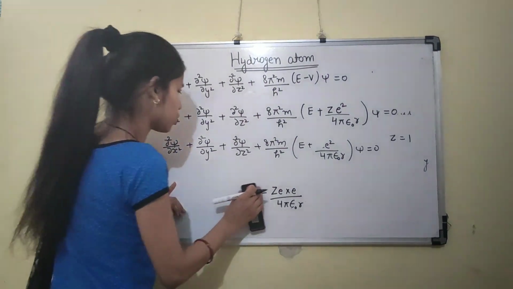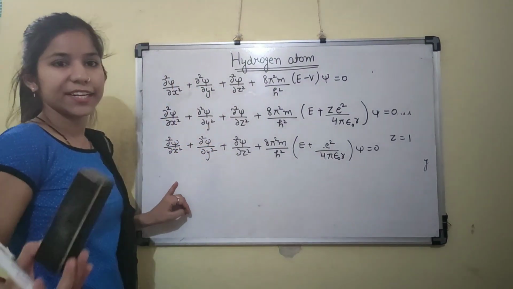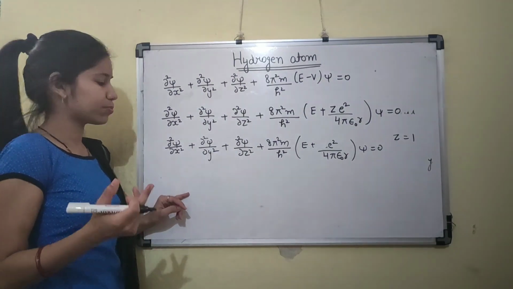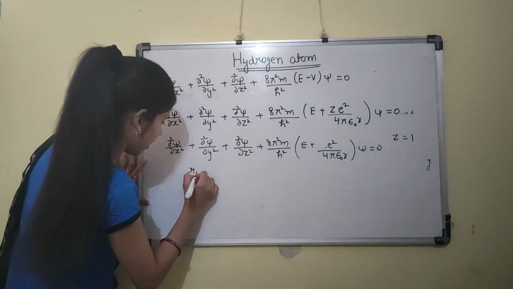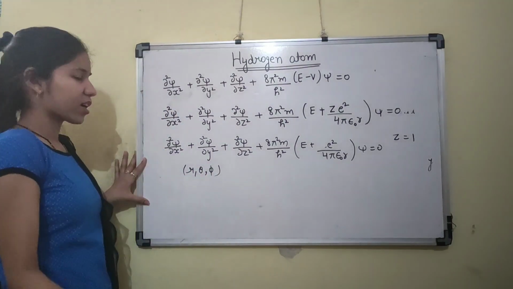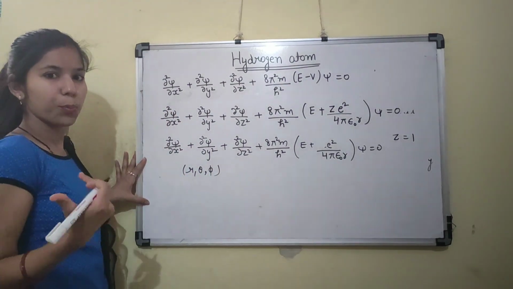Now the Schrödinger wave equation in terms of polar coordinates. There are three polar coordinates, that is r, theta and phi. So convert these equations into polar coordinates.